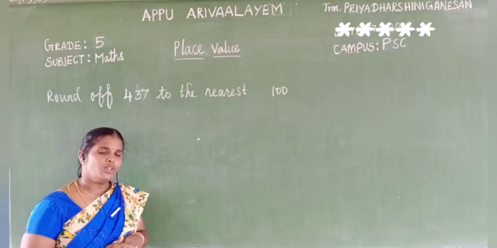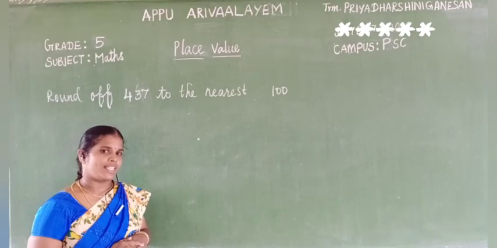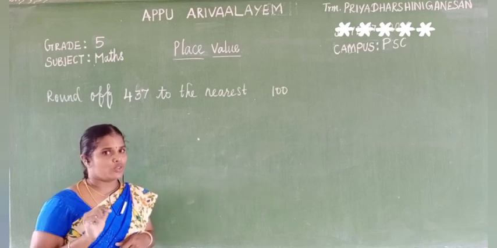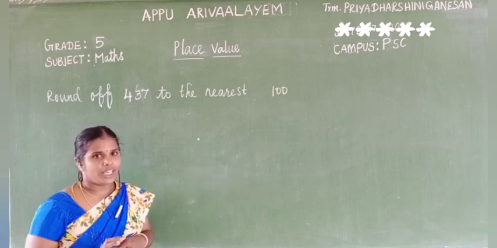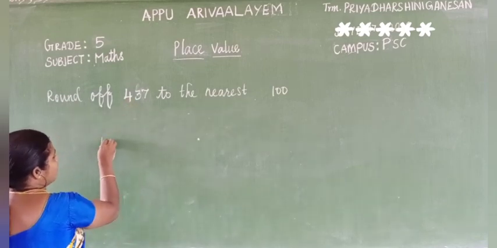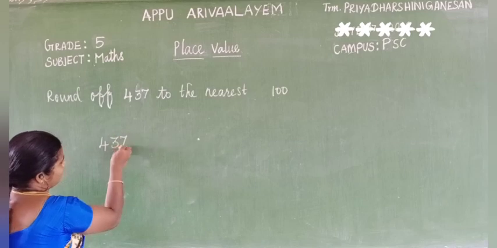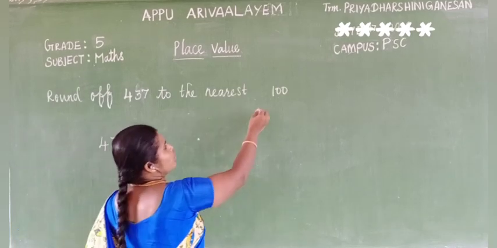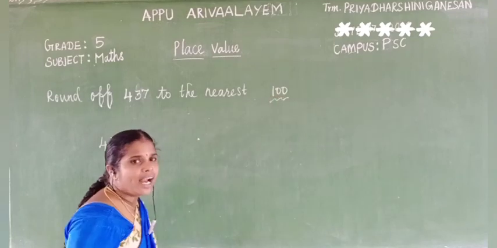We are going to round the numbers to the nearest 100 without using a number line. What number is this? 437. We are going to round to the nearest 100.